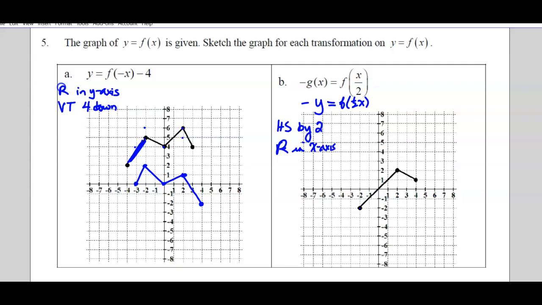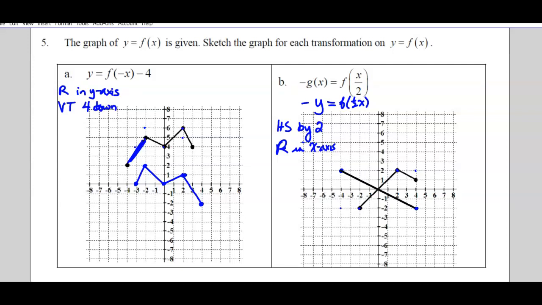So first point, stretch by a factor of 2. Well, the x value is negative 2, by 2 is negative 4. Reflect in the x-axis, reflects up to positive 2 there. This point here, horizontal stretch by 2. Well, x is 2, times 2 is 4. And then reflect in the x-axis, positive 2 for y becomes negative 2.